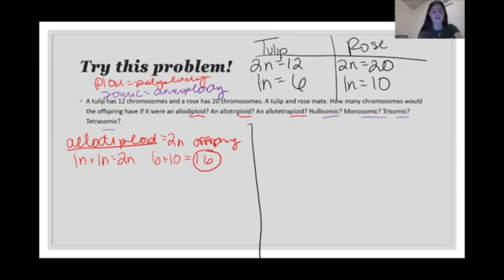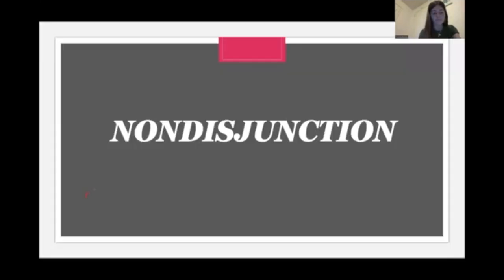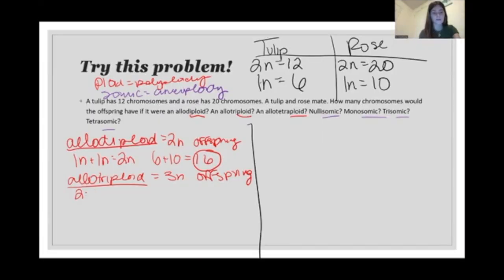Now let's look at my allotriploid. Since tri means 3, and ploid means polyploidy, I want a 3n offspring. So how do I get 3n? Well, I can do 2n plus 1n to get 3n, or I could do 1n plus 2n to get 3n.